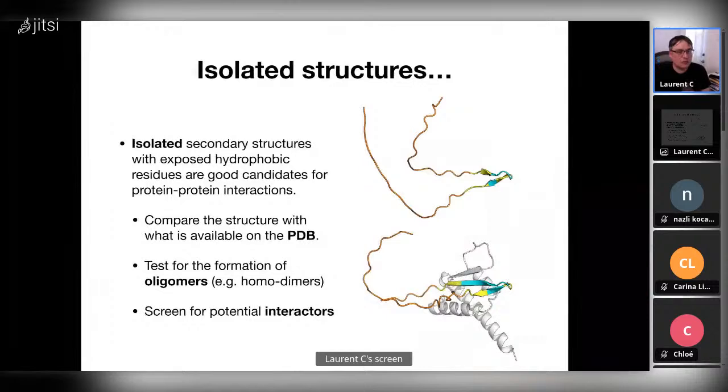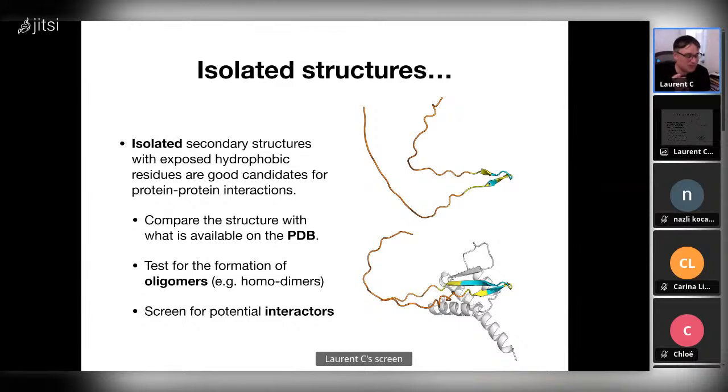That's something that we look for a lot in the lab. So when, for example, we see a prediction and we see isolated secondary structures for our protein of interest, for example here we have two beta strands that seem to be hanging out by themselves, they're probably not like this when the protein is alone.